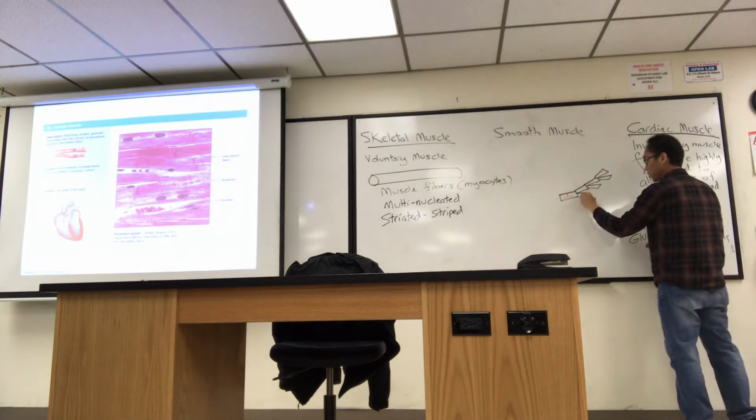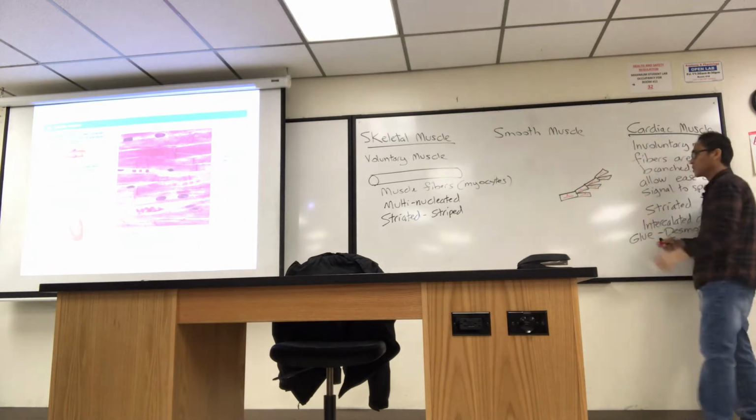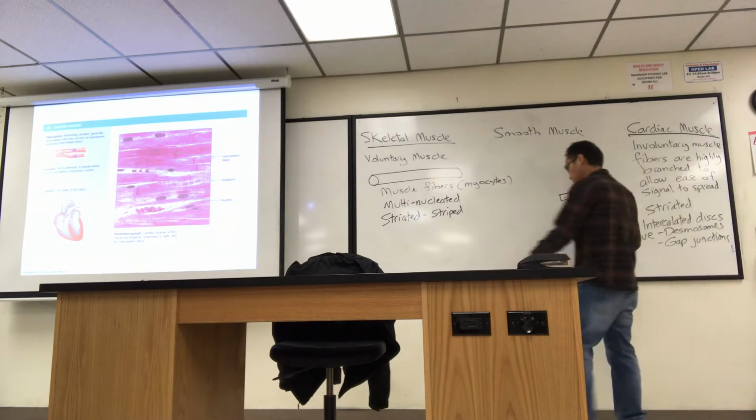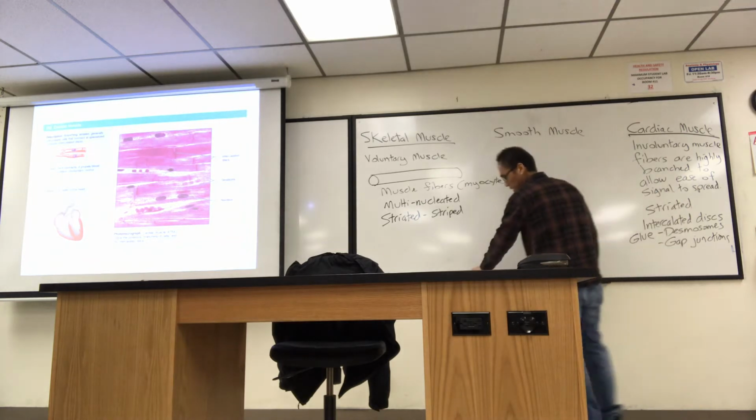It'll spread to here, here, here, here, and they're all branched together, so the signal will spread from one place to the other. You'll learn about that in 431. But that's important to know for the gap junctions and the desmosomes, so it doesn't split apart when it generates pressure. The last kind of muscle is smooth muscle.